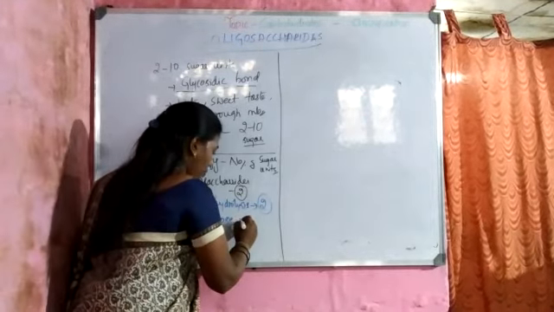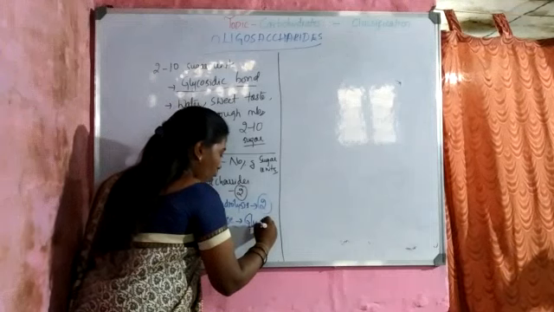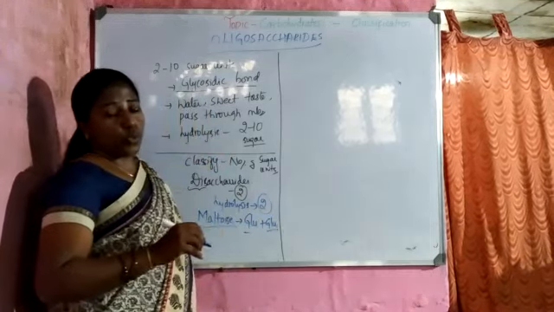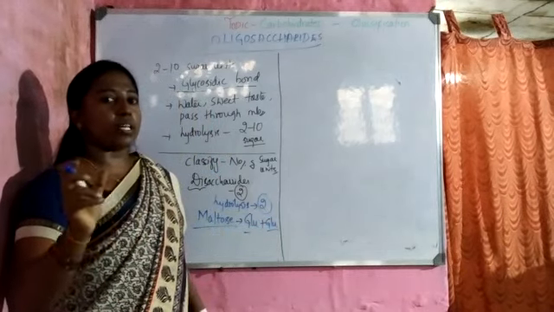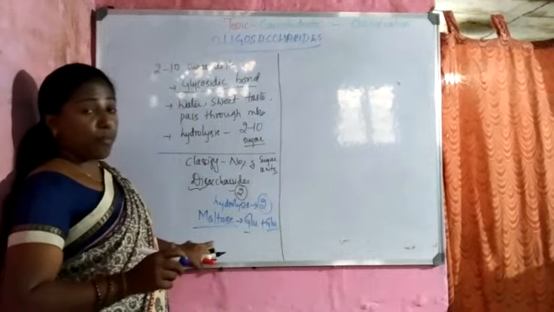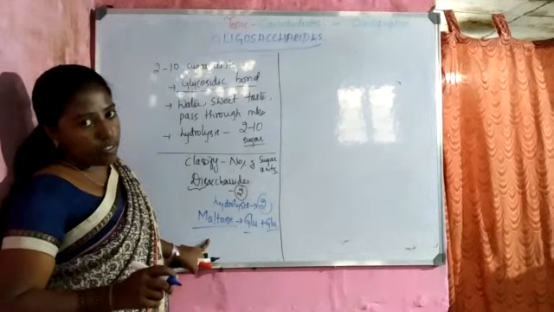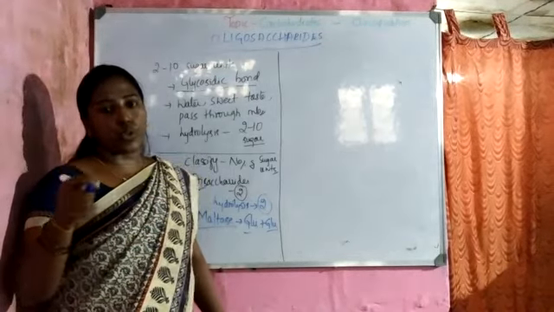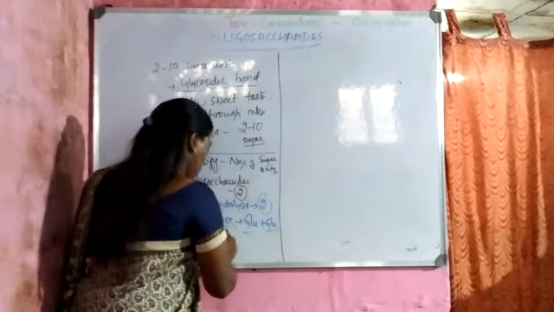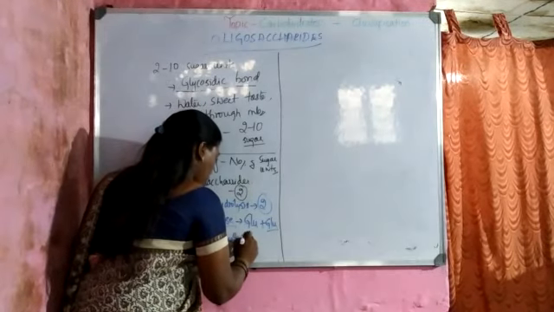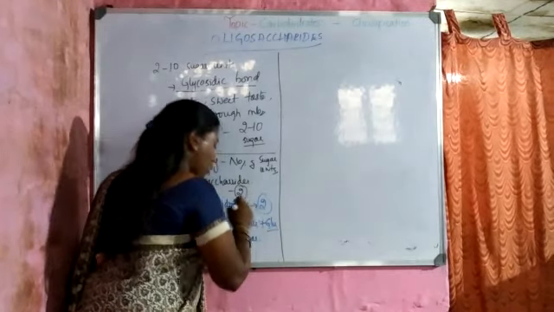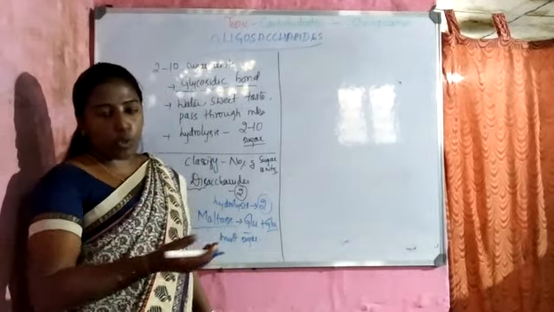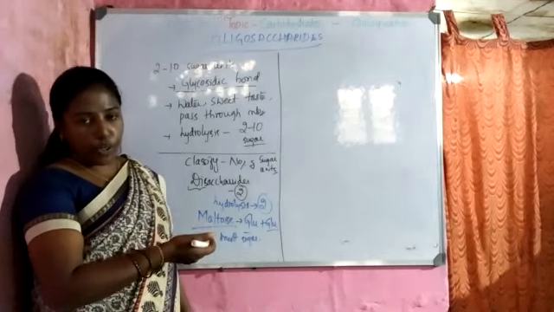One glucose unit is connected to another glucose unit by a glycosidic bond, resulting in the formation of maltose. Maltose is commonly called malt sugar. You can find maltose in sprouting seeds. You can see the presence of this maltose.